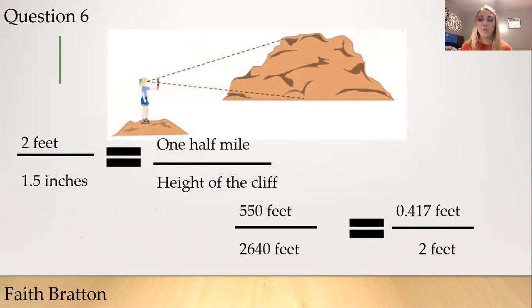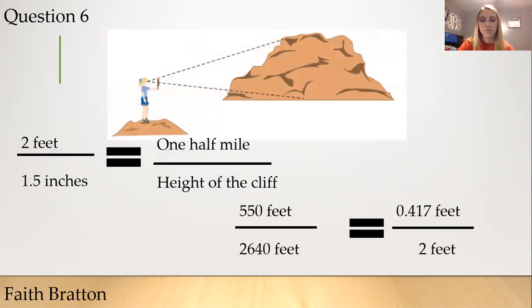Recalling that now we're going to convert both miles and inches to feet in this equation. We know that 1 mile equals 5,280 feet. As you can see, we're going to determine the feet in 1/2 mile. So 1/2 mile equals 2,640 feet. Convert 1.5 inches to feet. 1.5 inches equals 0.125 feet.